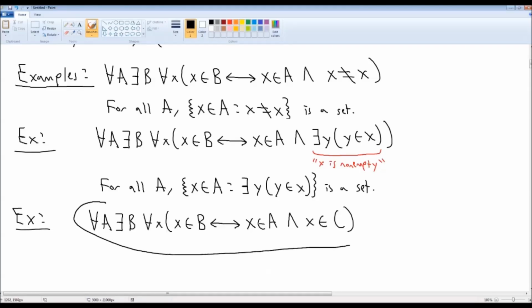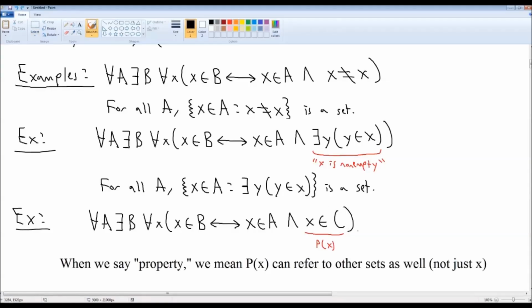Let's look at another example, shall we? By our schema recipe, this is also an axiom of set theory. Notice this example is a little bit different from the previous two, because in the previous two, X was the only free variable, whereas in this example, the P of X, besides using X, also refers to another set C. I never explained before exactly what I mean by the word property, but when I say property, I mean that our property P of X can refer to other sets as well, not just X. So we can have C or other sets as well.